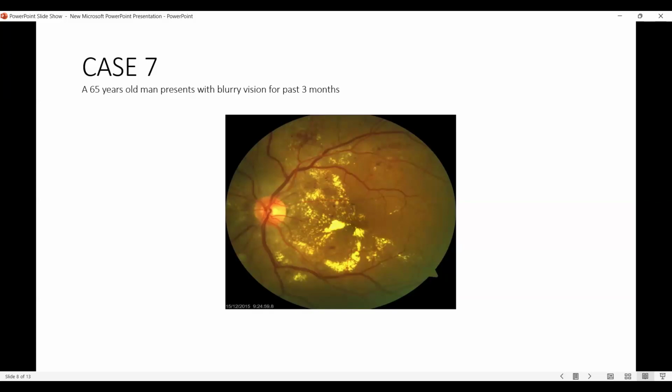The next option would be, if the patient is pseudophakic and not responding to intravitreal anti-VEGF, I would like to go for intravitreal steroids like either triamcinolone or a dexamethasone implant. But following which frequent monitoring of intraocular pressure should be done, because there is a risk of raised IOP. Another option would be grid laser photocoagulation.